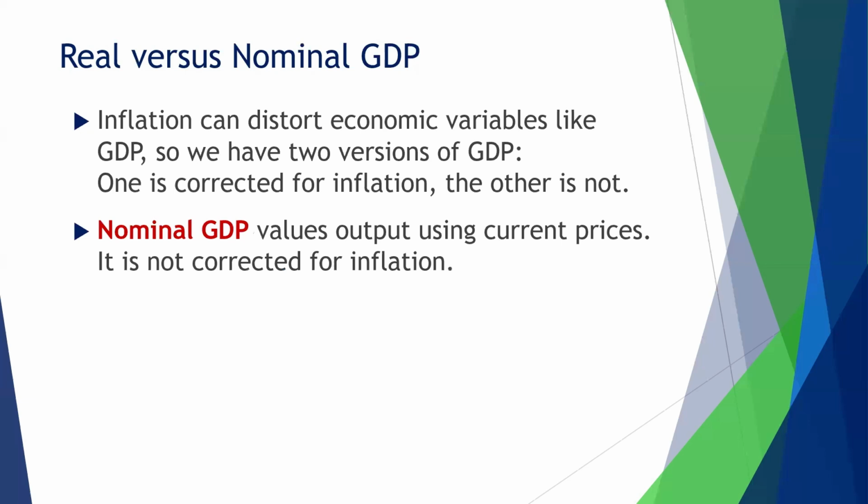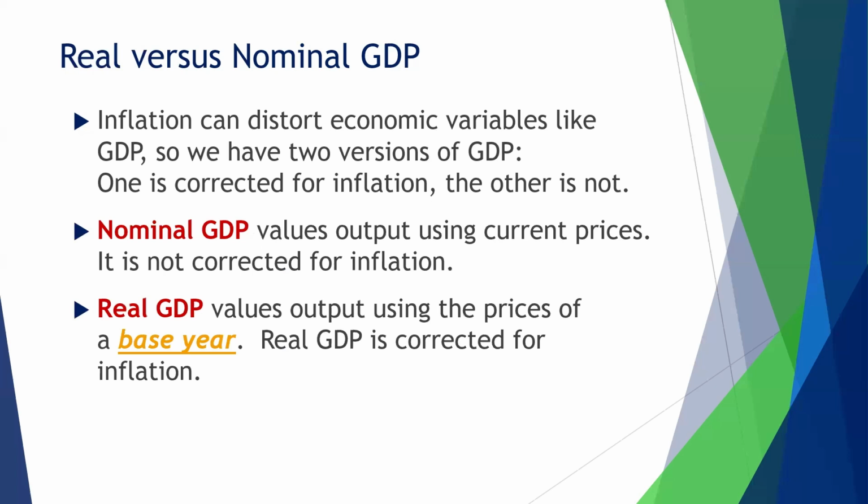So here we have the nominal GDP. This is the GDP that values output using current prices. Since we are using the current prices, it is not corrected for inflation. On the other hand, the real GDP values output using the prices of a base year.